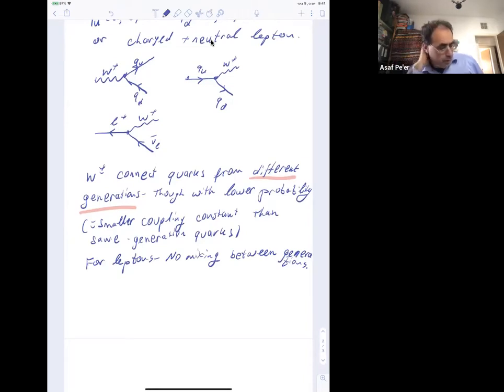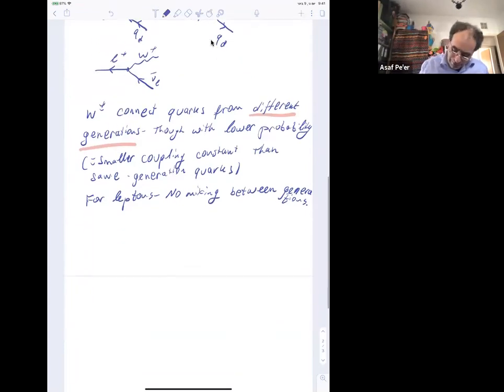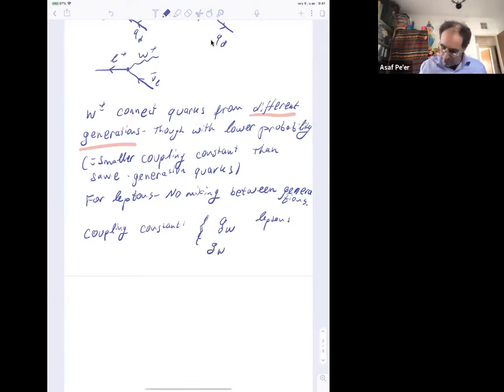So the way we described it was with the CKM matrix, right? We said that we can think of it as a different coupling constant. So we can say the coupling constant, you can call it G weak for the leptons and G weak Vij for the quarks.